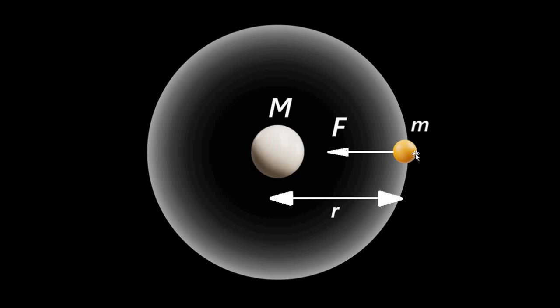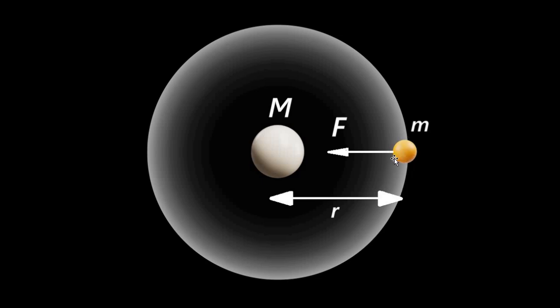We have another small mass, the yellow mass, small m, which is at a distance r away from the white mass, and it is on or near the gravitational field of the white mass. It is within, but just close to the edge of the gravitational field, not fully inside.